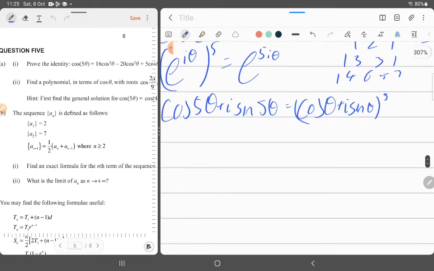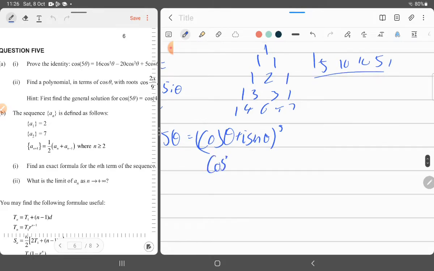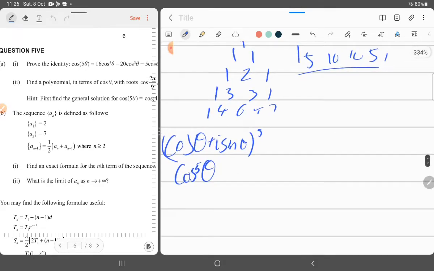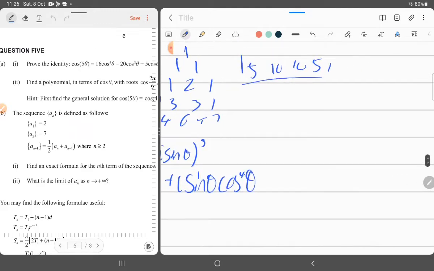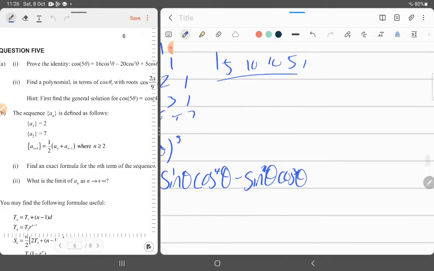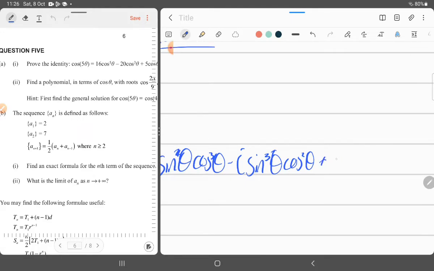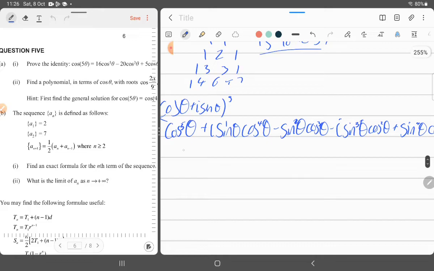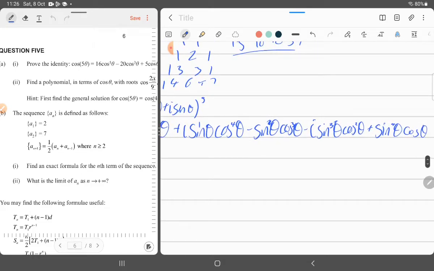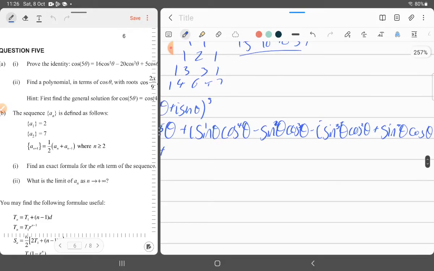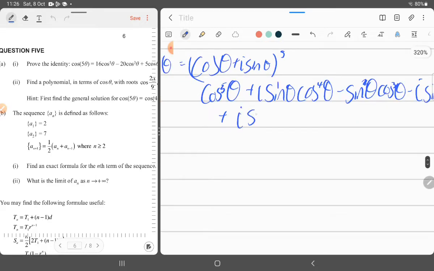So cosine to the power 5 theta, plus 5i sine theta cosine to the power 4 theta, take away 10 sine squared theta cosine cubed theta, take away 10i sine cubed theta cosine squared theta, plus 5 sine to the power 4 theta cosine theta, plus i sine to the power 5 theta.